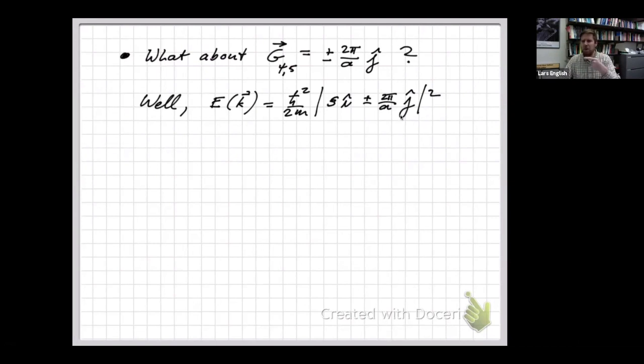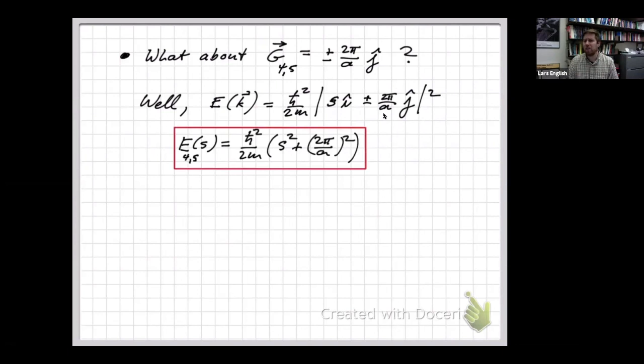So there is an x component and a y component, and that vector is pointing at some angle, and we have to evaluate the magnitude squared of that vector. Well, not very hard to do because we can use Pythagoras, because we're dealing with a right triangle of width s and of height 2 pi over a. And so you're not surprised to see that that is the formula we get, s squared plus quantity 2 pi over a squared. Okay, and so here is yet another formula for us.